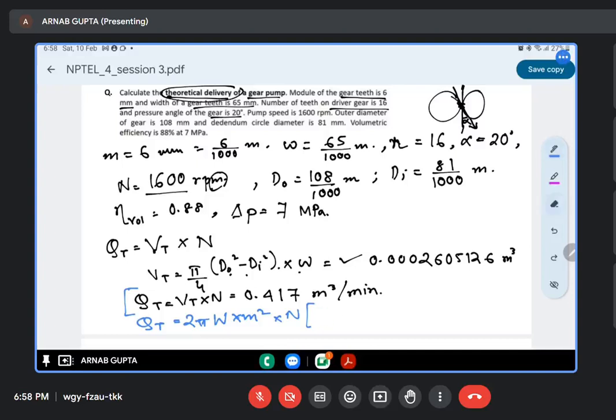I have denoted number of teeth by small n. Okay, so this is your pressure angle. Fine, if we substitute the values, let's cross check once. If you carefully see, if we just remove this particular n, then the remaining terms would be the volumetric displacement, right?